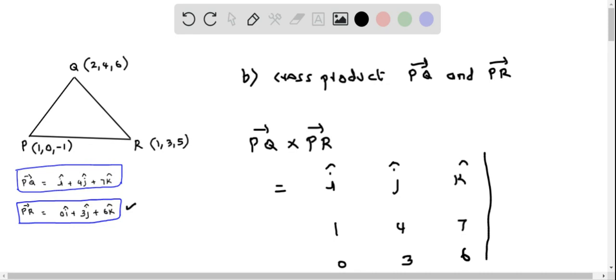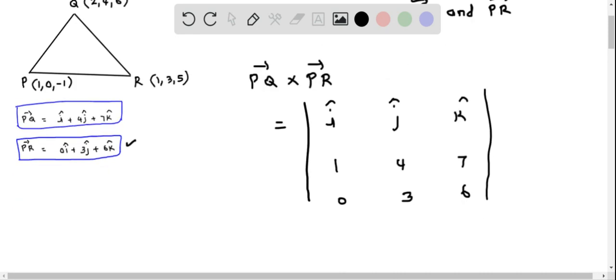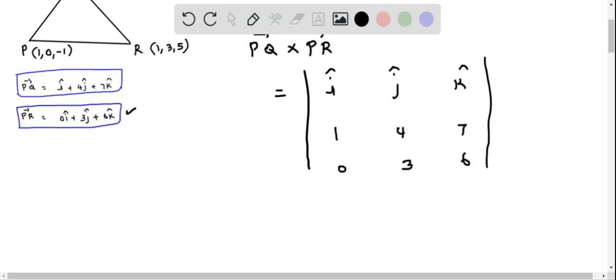And so we have to determine this determinant. So let's expand the determinant along the first row. So I write down this first one is i component, and leaving the row represented by i and the column represented by i vector, we get the 2 by 2 determinant, that is 4, 7, 3, 6.